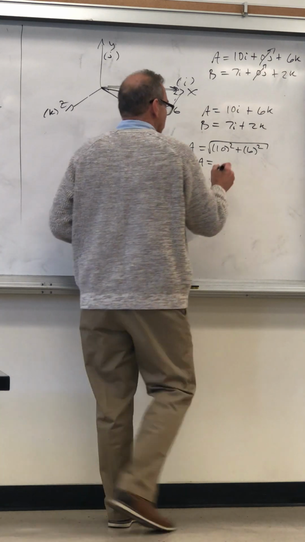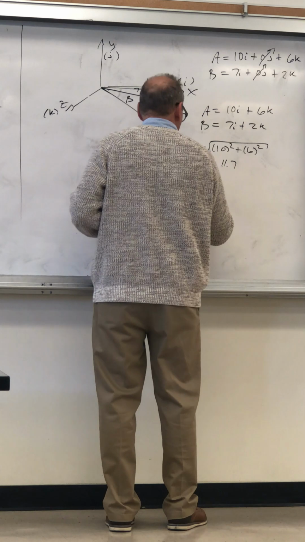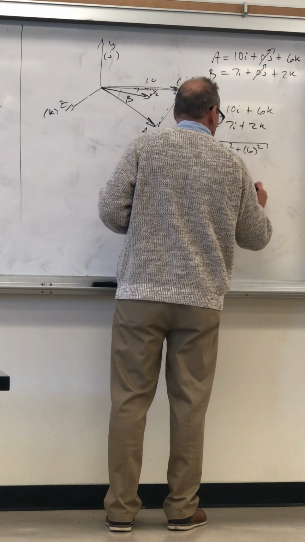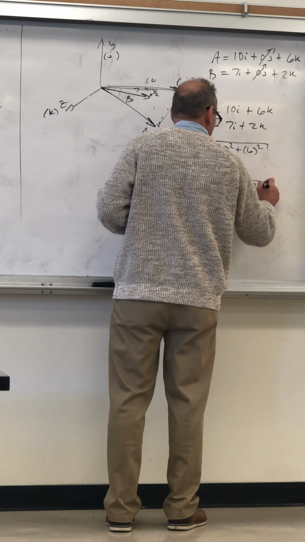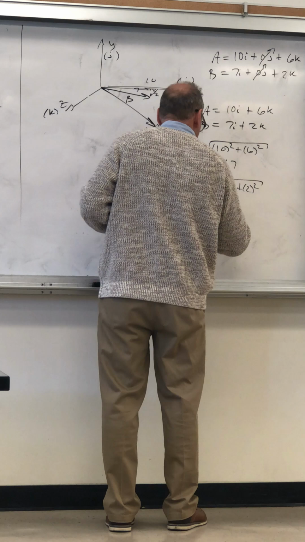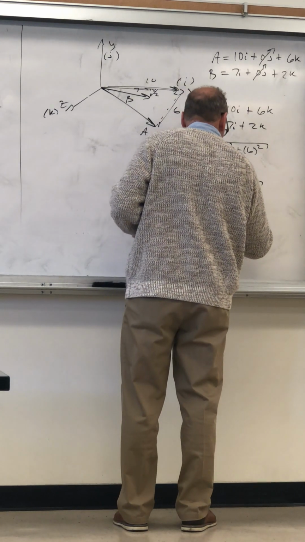It's 11.7. It's just a hypotenuse. And the magnitude of B is the square root of 7 squared plus 2 squared. That's 7.2.